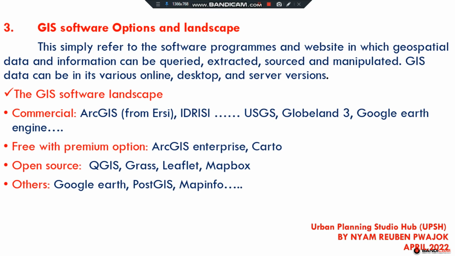So that is one of the most important things. I always make emphasis on this. If you are venturing into GIS, you need to understand this concept, very key. When we say GIS, we are not just talking about ArcGIS or ArcMap. No, we are talking about geographical information system.